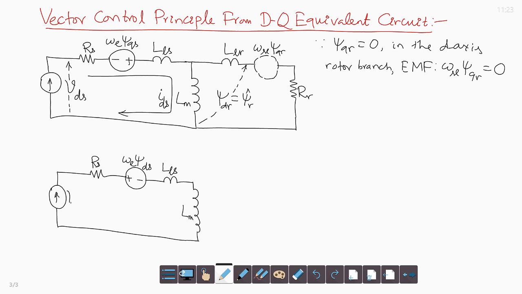The applied voltage is VQS and current flowing in this branch is IQS.